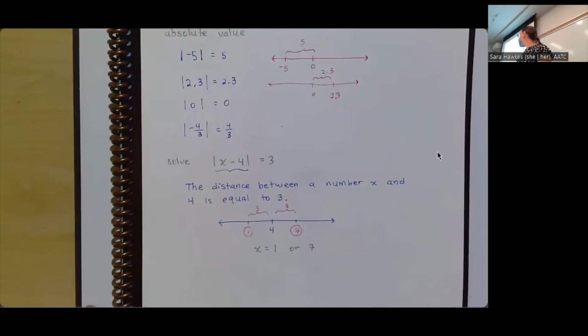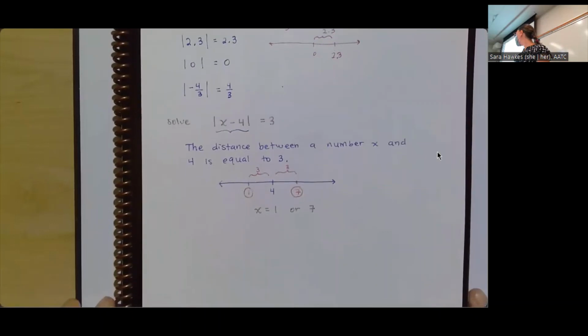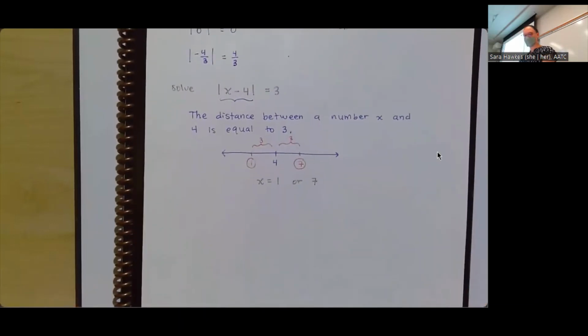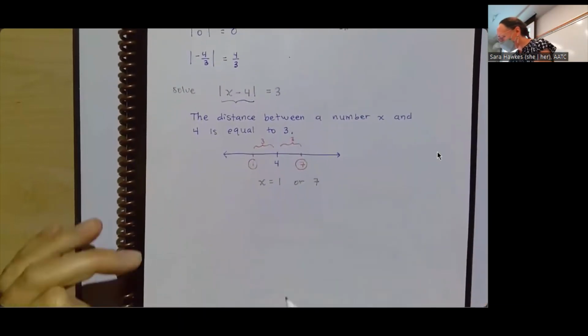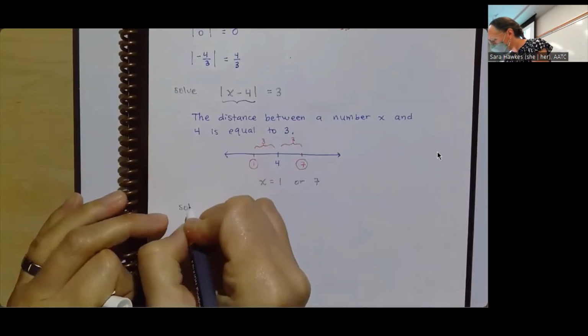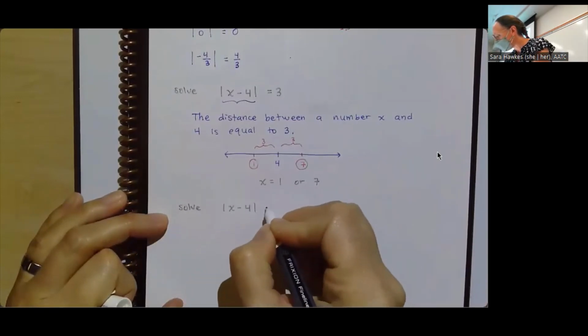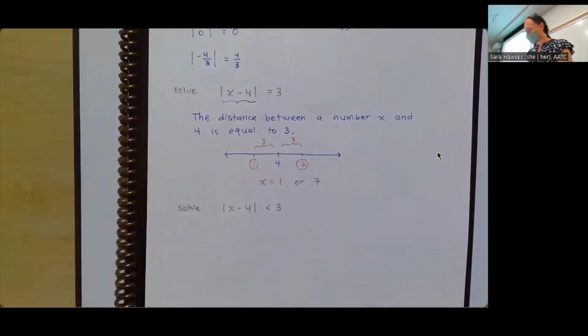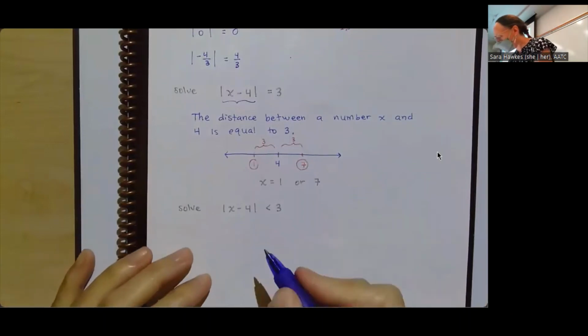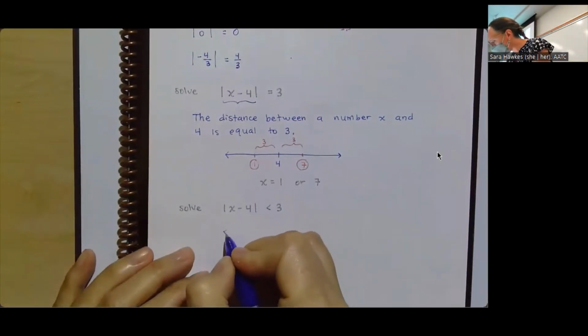Now, if I change that problem just ever so slightly, to say the absolute value of x minus 4 is less than 3, then again, I can get my number line going.